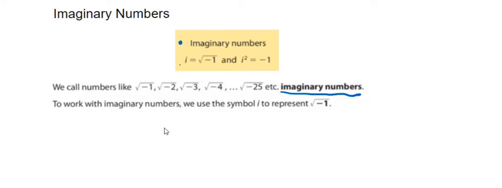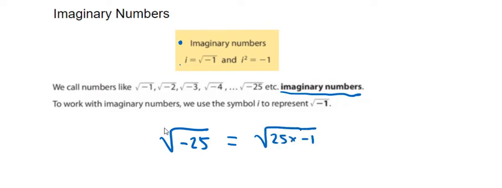So if we were to take something like the square root of minus 25, we could break that down and say that's the same thing as the square root of 25 multiplied by minus 1. I'm not really changing anything there, I'm just saying that minus 25 is 25 multiplied by minus 1. And then we could say that's the same as the square root of 25 multiplied by the square root of minus 1.